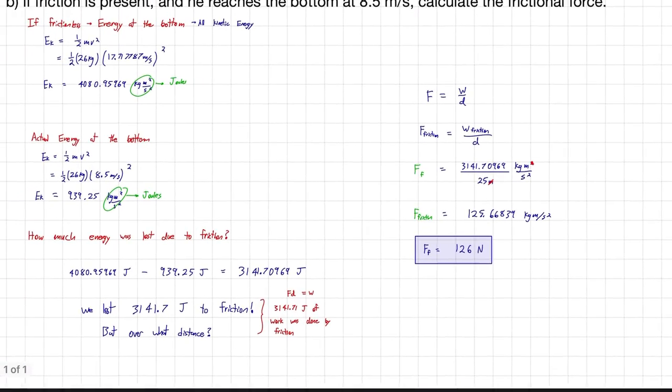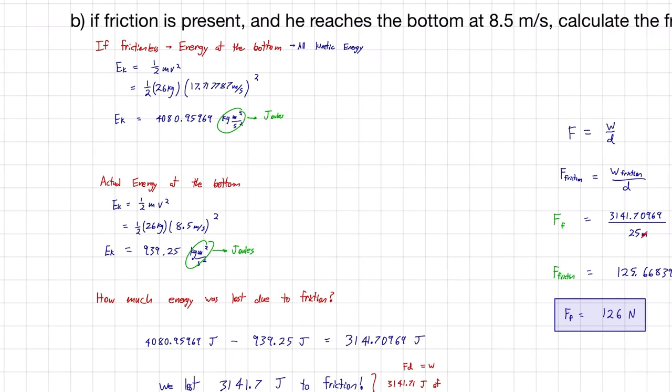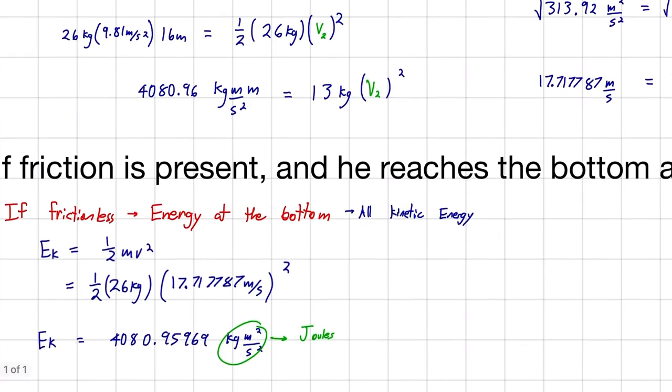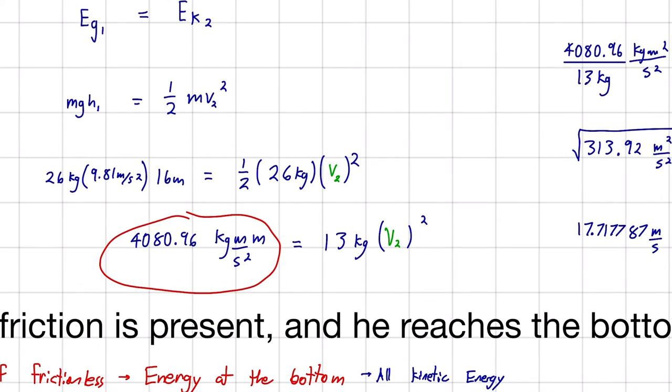So that 126 newton frictional force, that's where our energy went. Because look, we have this energy at the start. That is real energy that we have.